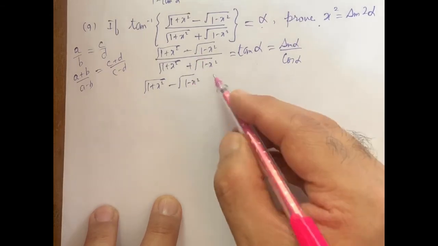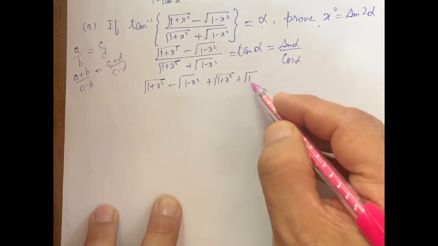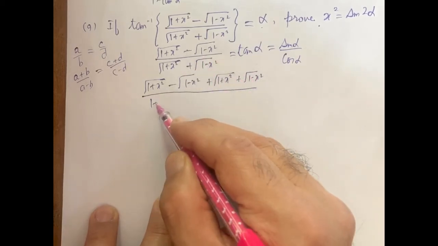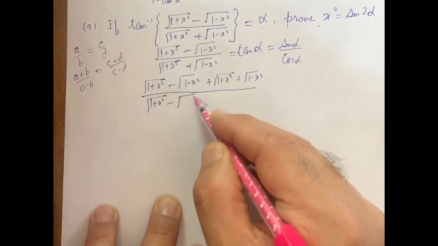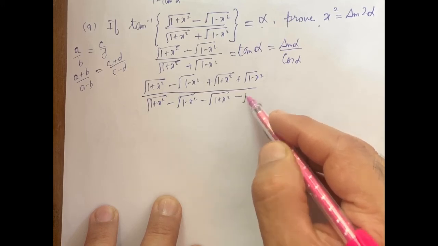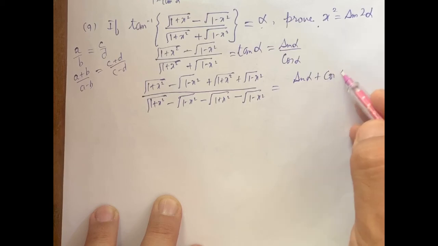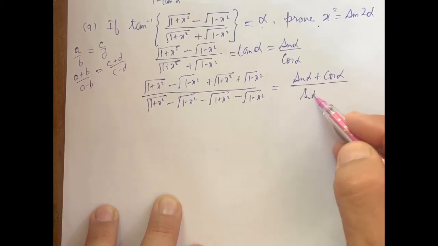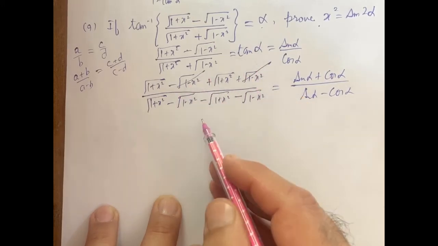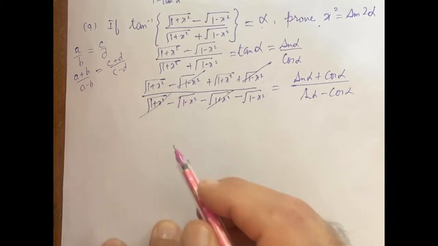So numerator plus denominator, root of 1 plus x square, root of 1 minus x square, upon numerator minus denominator, minus root of 1 minus x square, root of 1 plus x square. This is sin alpha plus cos alpha upon sin alpha minus cos alpha. This factor cancels, this term cancels, and here 1 plus x square will cancel.